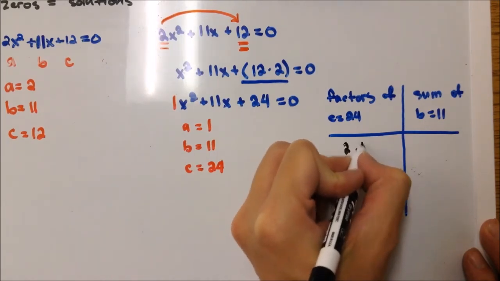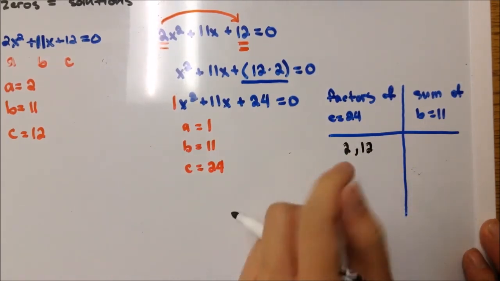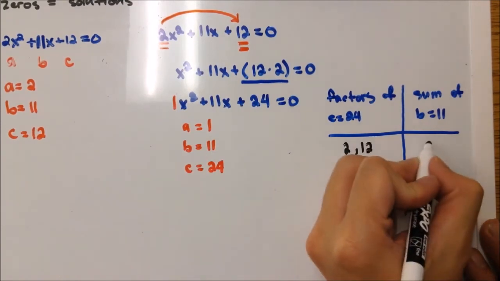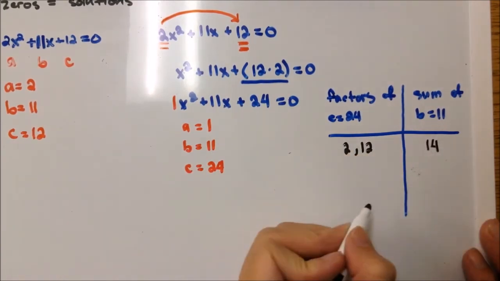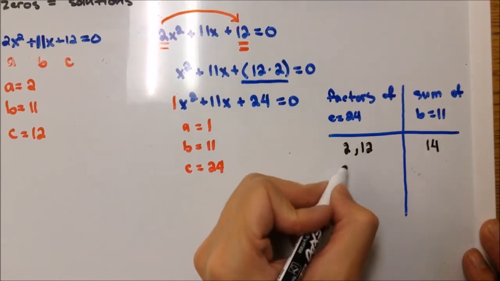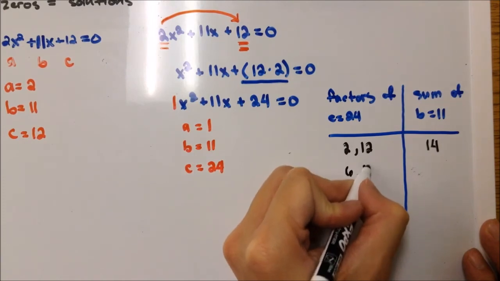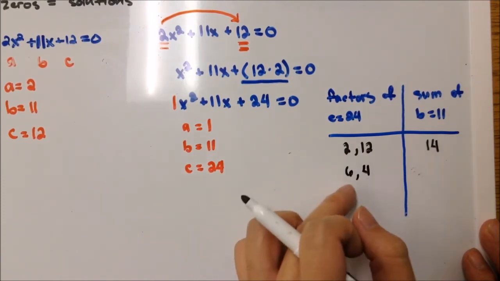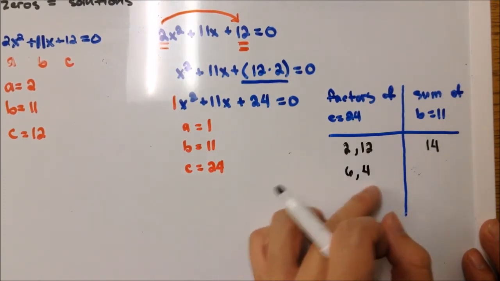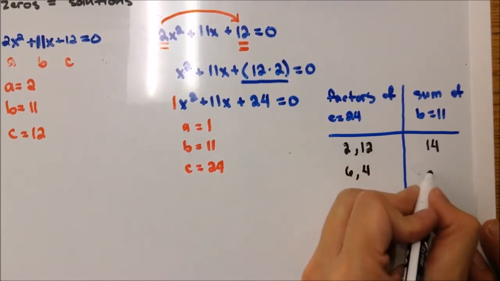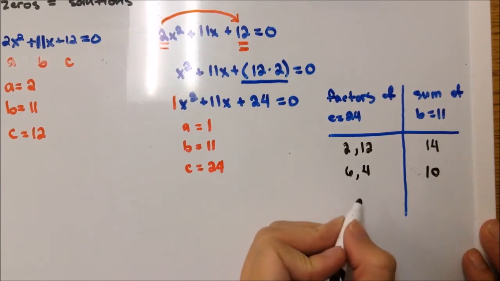2 and 12, but if we were to combine these two factors, that's going to give us a 14. Well, we can't do that. How about 6 and 4? Well, 6 times 4 is 24, but if we combine these two, the sum would be 10.